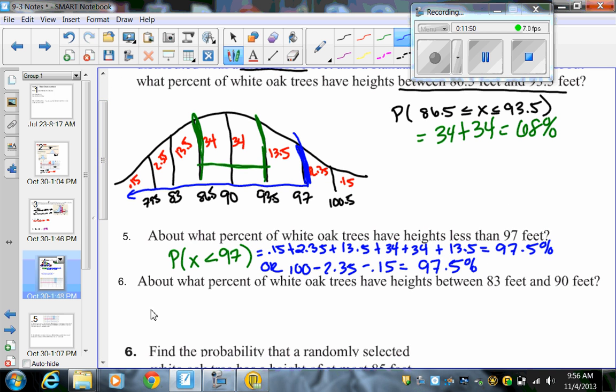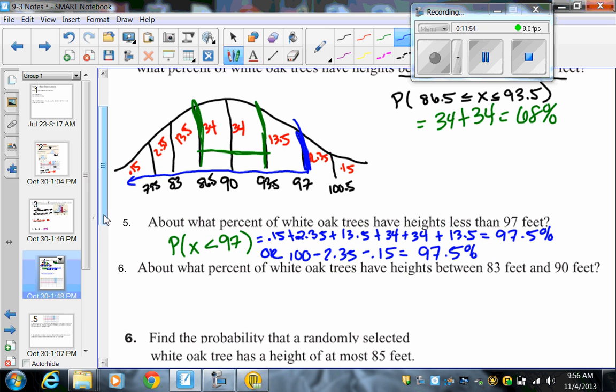Number 6 says about what percent of white oak trees have heights between 83 feet and 90 feet. So 83 is right here. 90 is here.